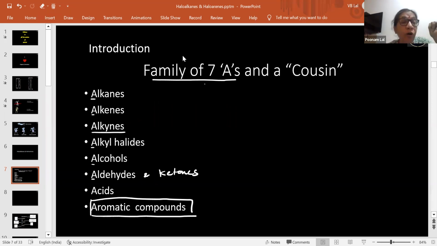If you go from top to bottom, from alkanes to acids, all the methods of preparation, like supposing I have to prepare acids from aldehydes or alcohols, will always be oxidation. So if I go from top to bottom, I will be doing oxidation.